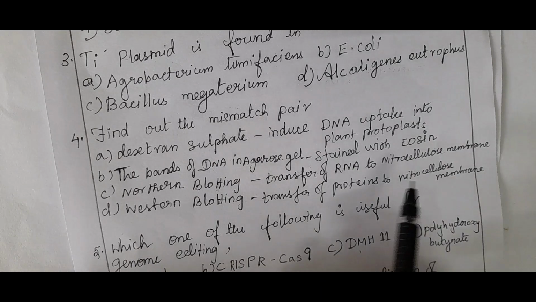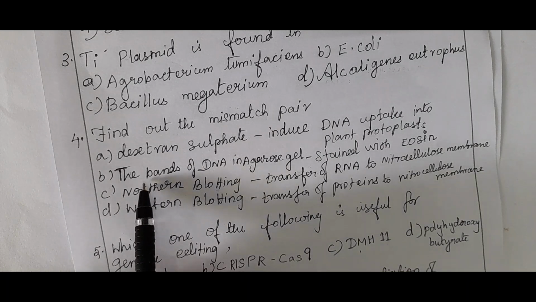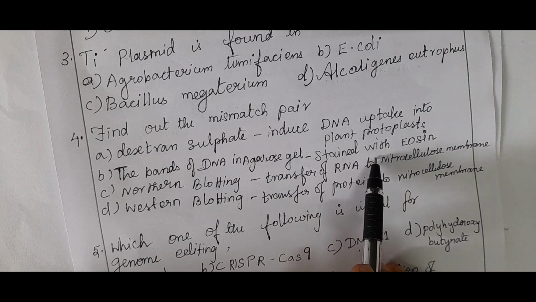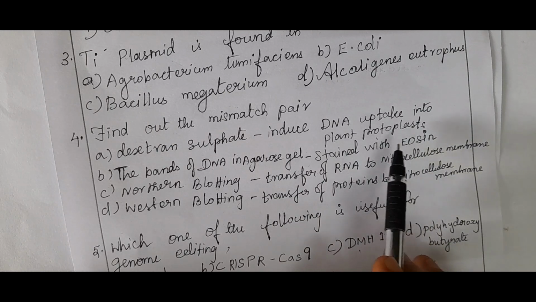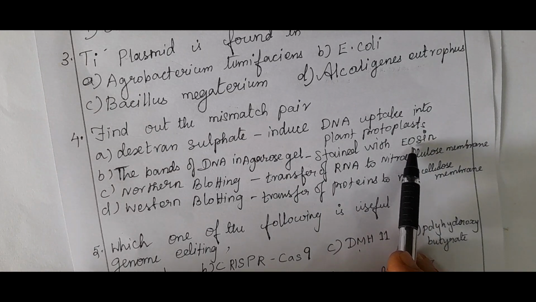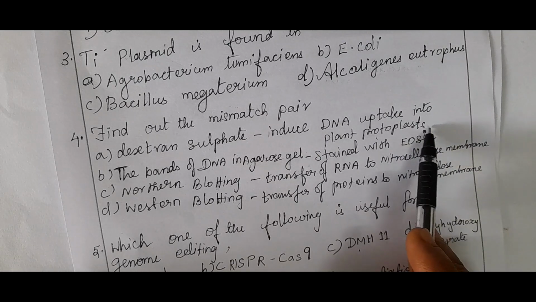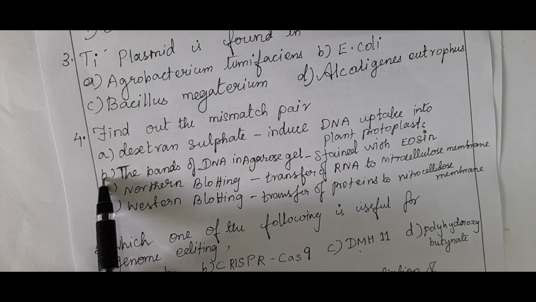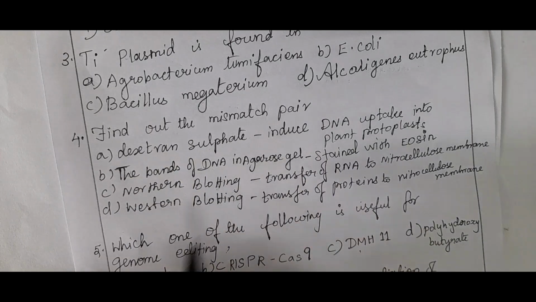Then what is the incorrect match? The bands of DNA in agarose gel are stained not with eosin, they are stained with ethidium bromide. Here the ethidium bromide should have come. So this is the incorrect match, that means the mismatch pair.